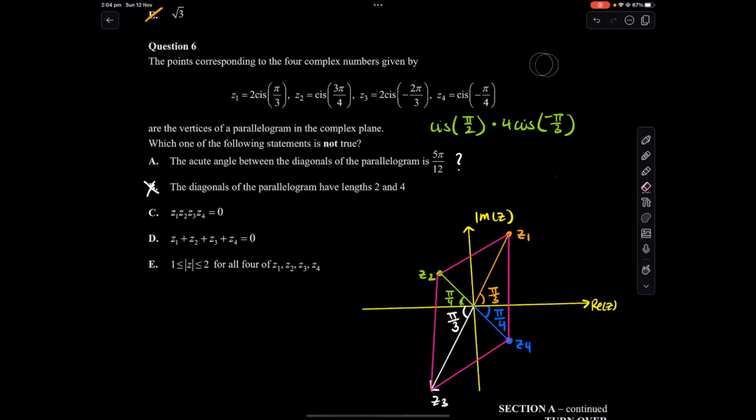We've got that, and so that will be 4 cis, what's pi over 2 minus pi on 3, which is 3 pi minus 2 pi over 6, which is pi on 6. So pi on 6. No, this is not equal to 0. So this over here is false.